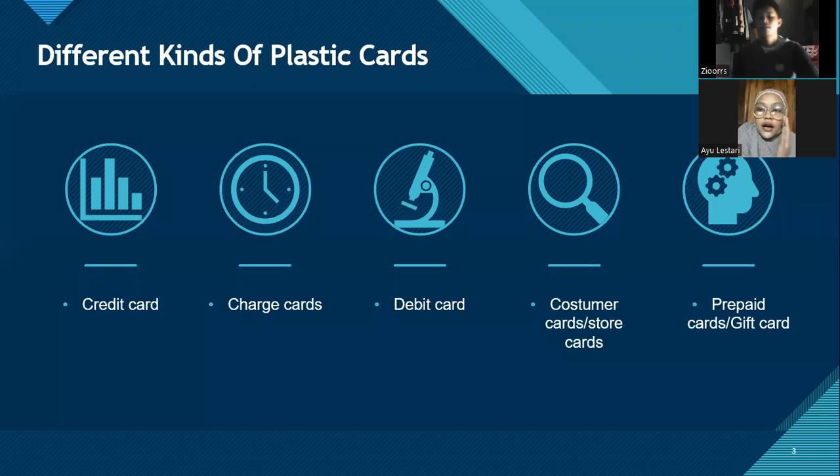And then, credit cards allow you to make transactions on a loan. The bank or credit issuer advances money to be paid to the merchants, and you pay back later when you reach your credit limit. With this card, you can spend and then repay later. And then charge cards.